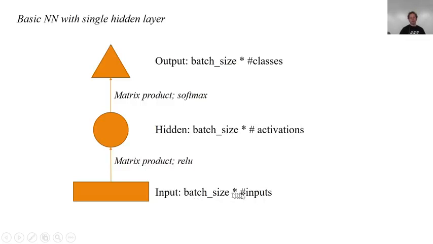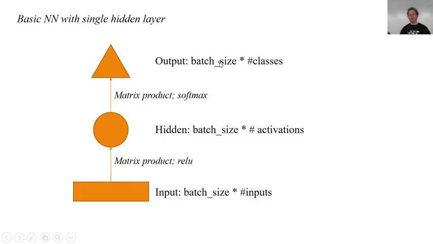So we started with batch size by number of inputs, and after we do this matrix operation, we now have batch size by whatever the number of columns in our matrix product was, the number of hidden units. Okay, and if we now take these activations, which is a matrix, and put it through another operation, in this case another matrix product and a softmax, we get a triangle, our output activations, another matrix of activations.